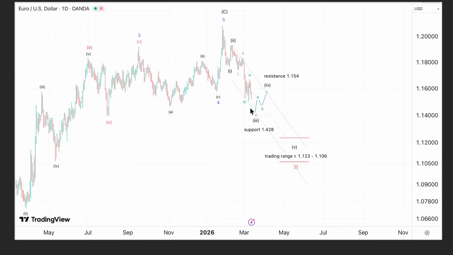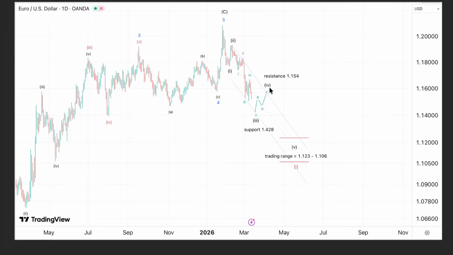Wave 4, I have its intermediate 3 going all the way down to 1.428. Off of that, I have this could be a flat, it could be a complex zigzag, which is likely, as the prior wave 2 is pretty much straightforward. It's very simple. This more likely is going to be complex.